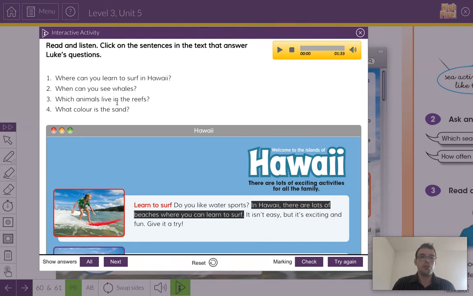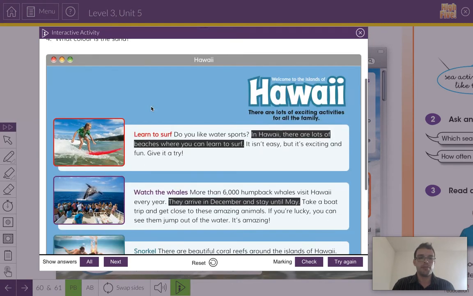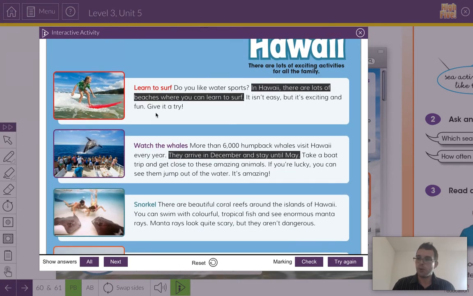Which animals live in the reefs? Now, the reefs are all the rocks and plants that are under the water. What animals live there? Let's have a look. There are beautiful coral reefs around the islands of Hawaii. You can swim with colorful tropical fish, see enormous manta rays.